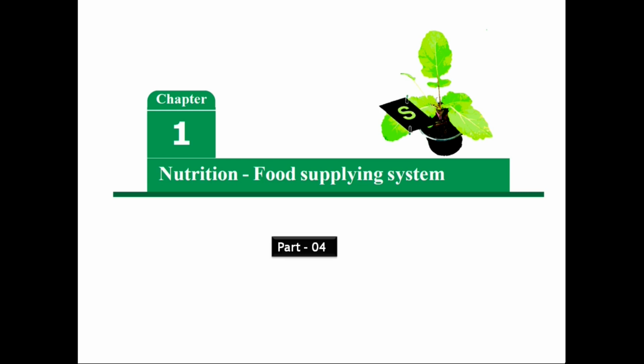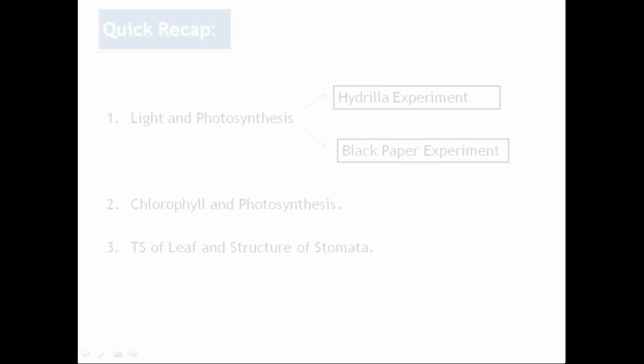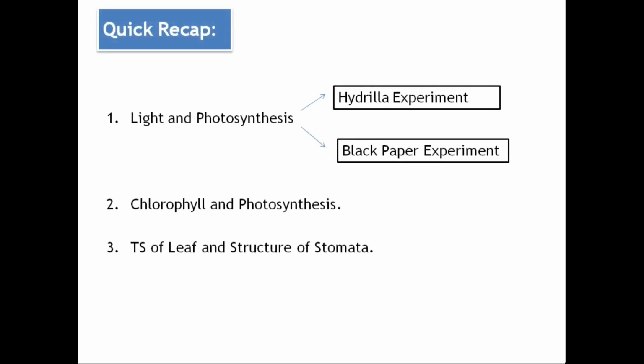Let us continue with Lesson 1 Nutrition, the Food Supplying System. In our last session, we discussed experiments like oxygen is produced during photosynthesis in the presence of light, that is, the hydrilla plant experiment, and the black pepper experiment or light screen experiment, which shows that sunlight is necessary for photosynthesis.